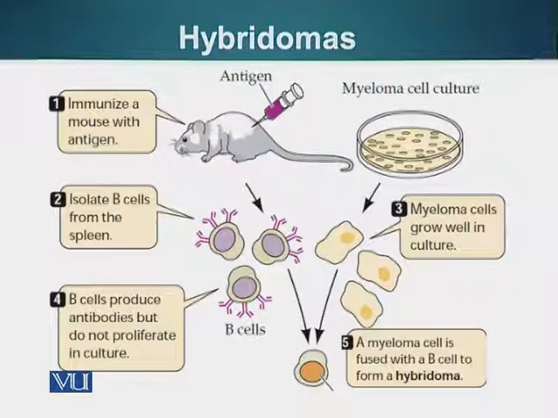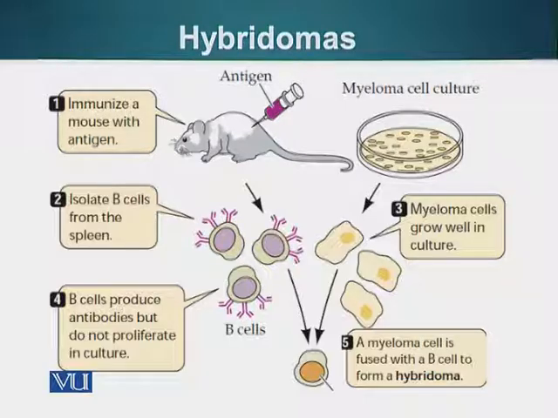B cells will be isolated from the spleen of these animals, where a lot of B cells reside. B cells decorated with antibodies against tetanus will be selected and fused with a type of cancerous cell called a myeloma cell.